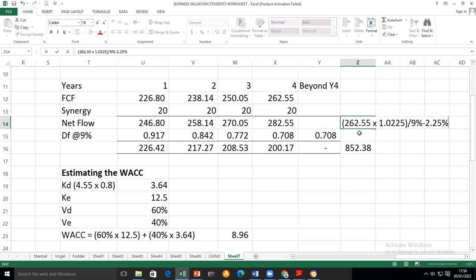Is it not supposed to be 282.55? Okay, so beyond, what have they said about the synergy? What happened to synergy after the phase? Will it continue being enjoyed? No. So leave it out. That's how we just pick the free cash without the synergy. Exactly.